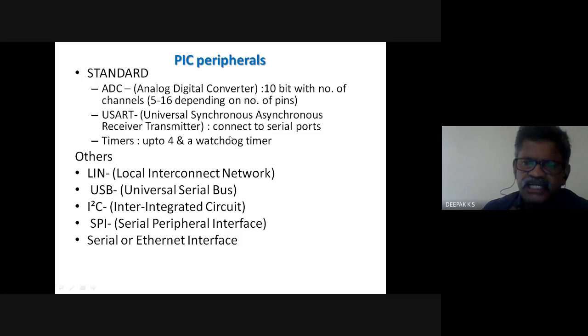It will connect to a serial port for communication purposes. Timers up to 4 and a watchdog timer. Then various buses, which we will come across while doing peripheral programming. These are just a list of these buses: Local Interconnect Network LIN, Universal Serial Bus USB, Inter-Integrated Circuit I2C, Serial Peripheral Interface SPI, serial or Ethernet interface.